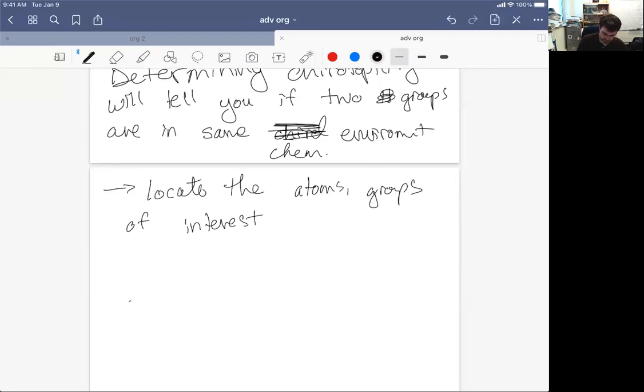So in our example, what we can do is we can locate the two hydrogens. Boom, there's our two hydrogens.